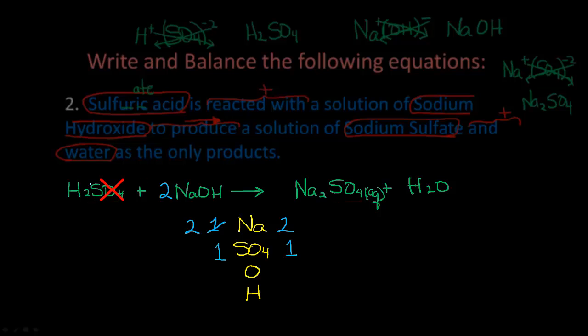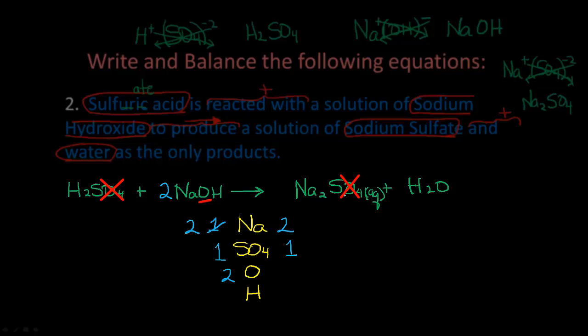We do not count this oxygen in our oxygens down here because we've already taken care of our sulfates. Okay, so we do not count this oxygen here. Now we do have 2 oxygens right here. 2 times this subscript of 1 is 2. So we have 2 oxygens on the reactant side. And now let's see how many oxygens we have over here.